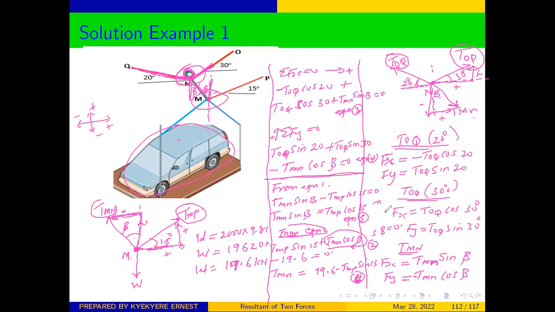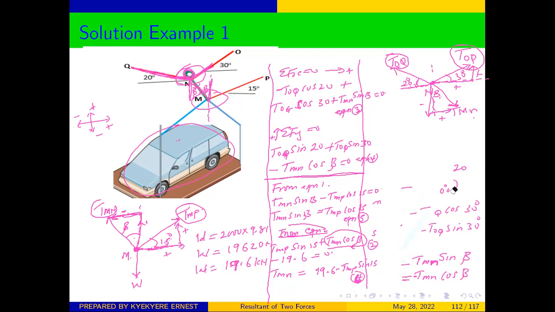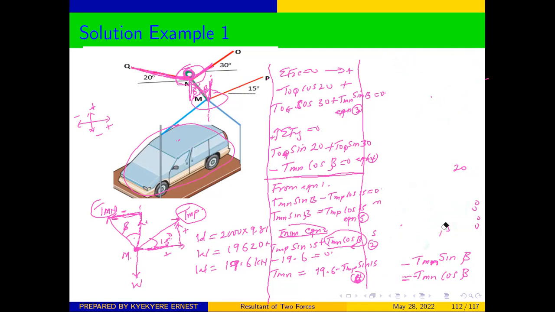Therefore, now what we are going to do is to substitute the new equations we are having, equation 5 and equation 6, into equation 3 and 4. Quickly, let me erase this side, and then we continue from there. Good.